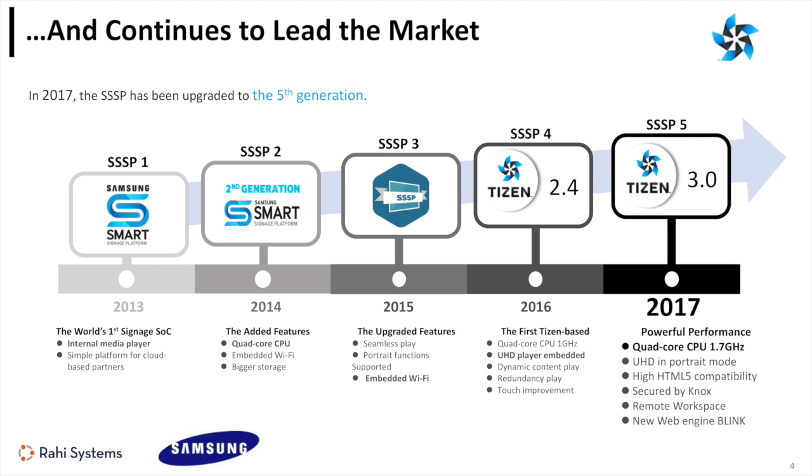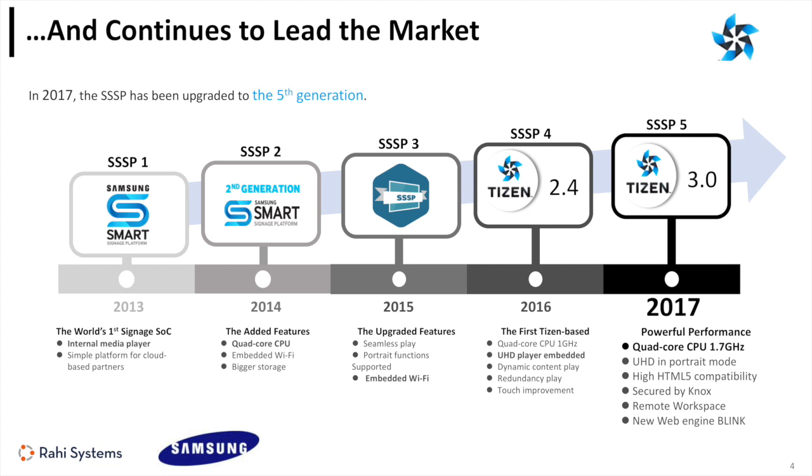In 2015, the 3rd version allowed for seamless play, portrait functionality, and embedded Wi-Fi. In version 4, we moved up to the first Tizen-based solution, which offered a quad-core CPU with a gigahertz of power, ultra-high definition or 4K play, dynamic content and redundancy play, and improvement to the touch interface.